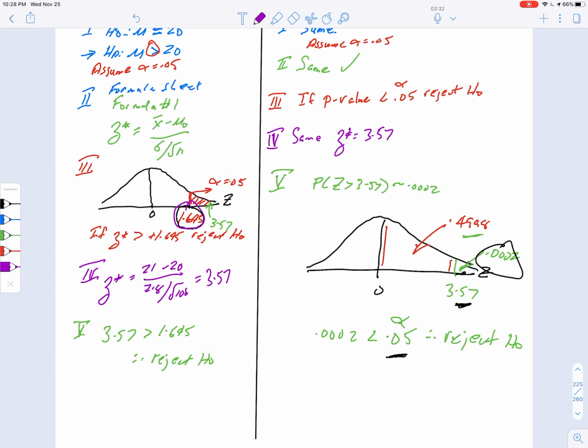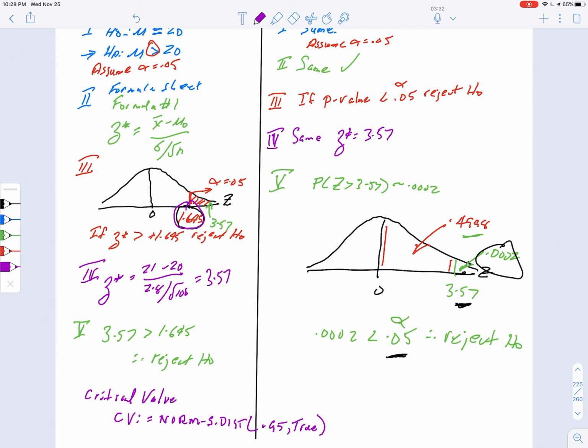Last thing I want to show you here is if this were Excel, how would you get that 1.645? So the critical value, I'm just going to call it the CV, would be found by this function. It's a norm.s.dist, and then 0.95.